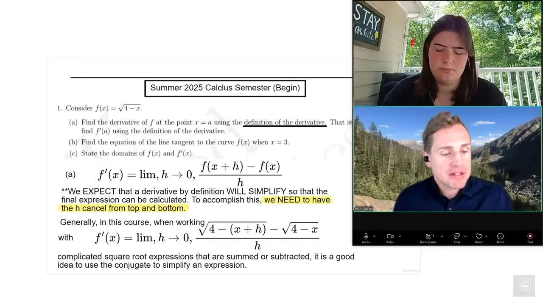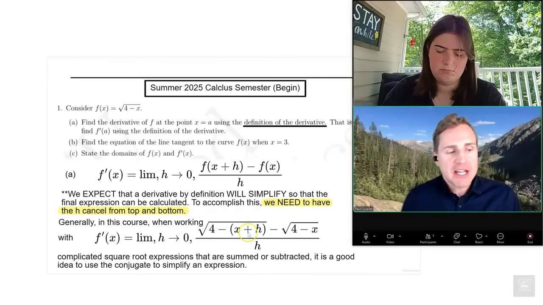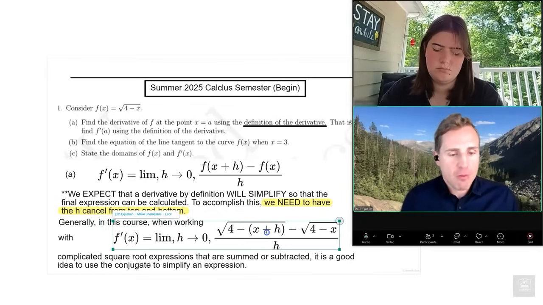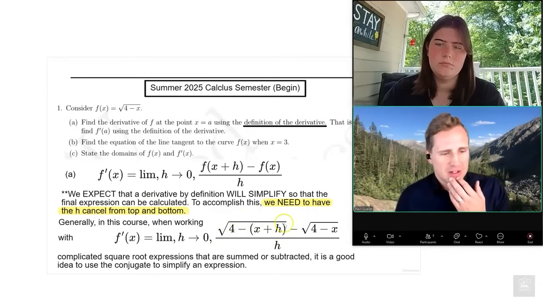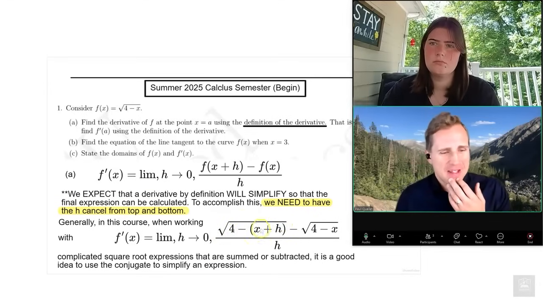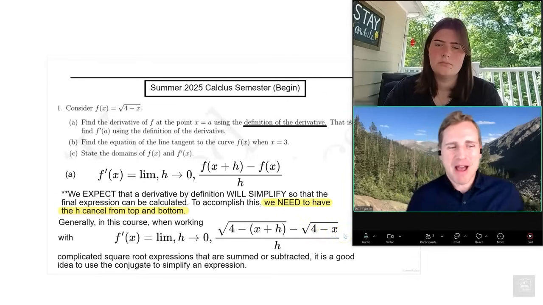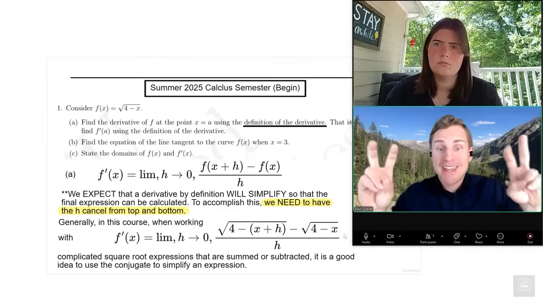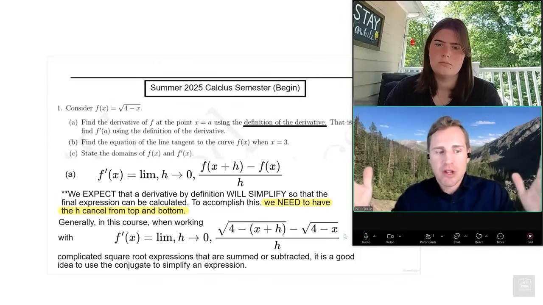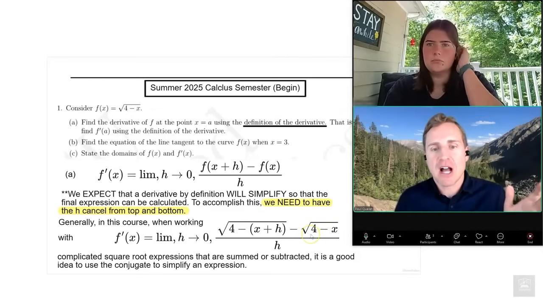So the reason I bring this to your attention is, given that's not negotiable, let's take a look at the derivative that we have in our case. So we have a square root of 4 minus x plus h, and then minus the square root of 4 minus x. Now, if you think about it, the h is trapped, if you will, inside of a square root. So in order to simplify that expression, we want to use the conjugate.